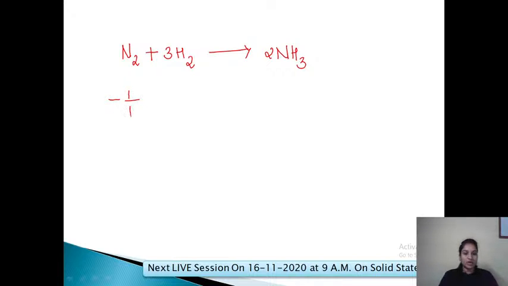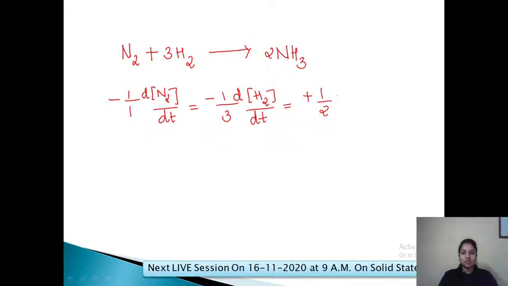I can write it as 1 directly. d, or you can write delta, concentration of N2 upon dt is equal to minus 1 by 3 d concentration of H2 upon dt is equal to, now this is the product, plus 1 upon 2 d concentration of NH3 upon dt.